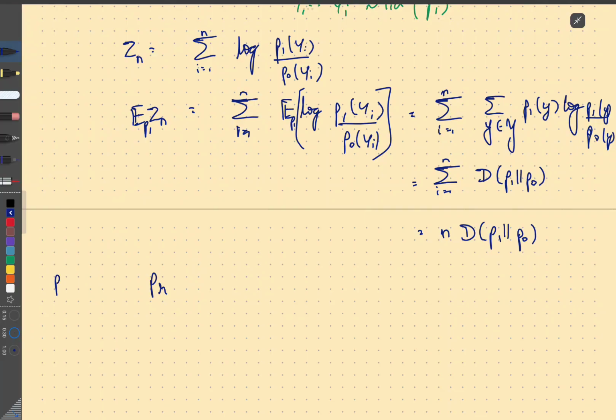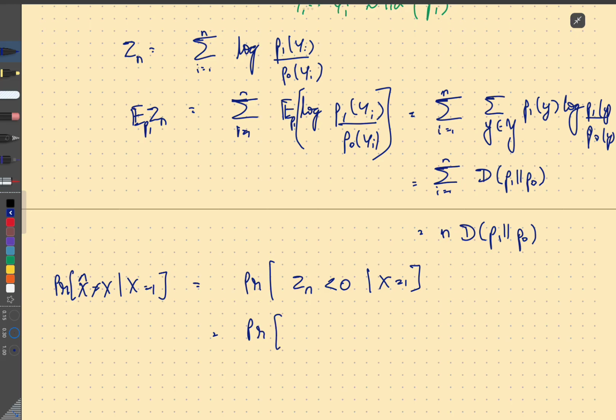So the probability of error, given that the true hypothesis is equal to 1, is equal to the probability that the log likelihood ratio is less than 0 given x equal to 1, which is nothing but the probability that Zn minus the expected value of Zn is less than minus the expected value of Zn given x equal to 1.